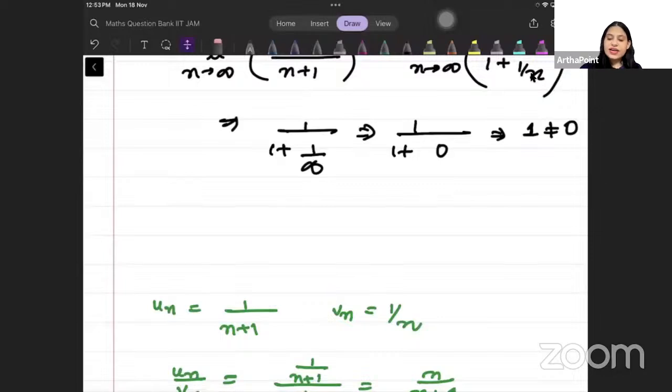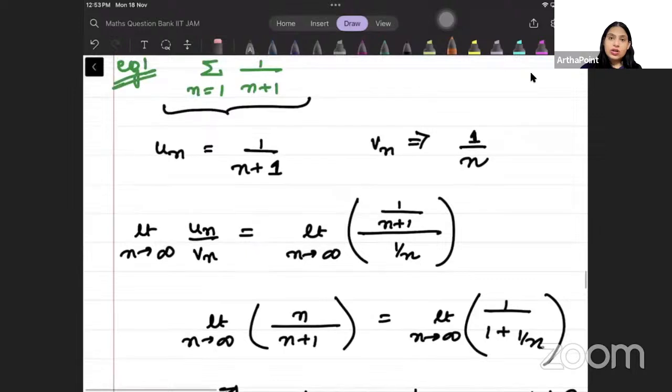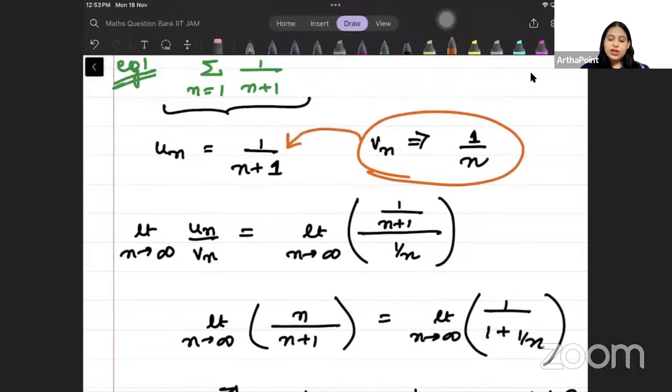Now, once I get that this limit L is a non-zero number, I know that these two series act in similar way. So I need to check the behavior of this series Vn, so I can comment on the behavior of Un.